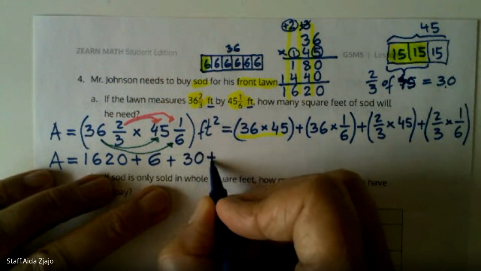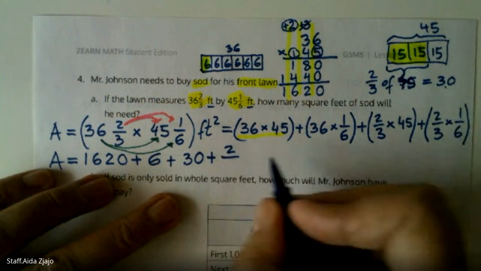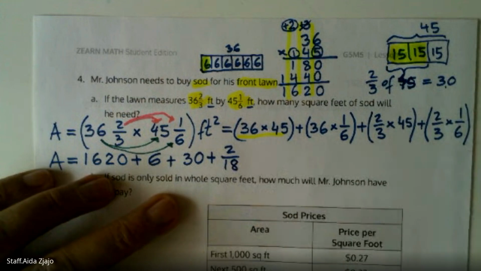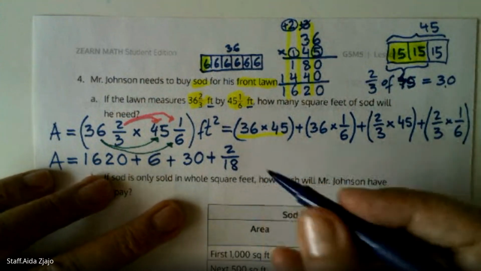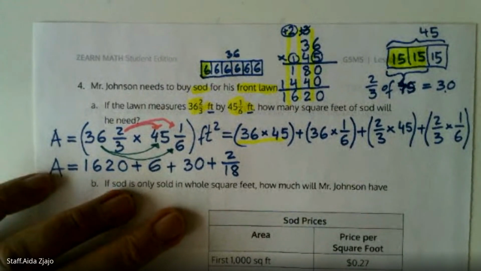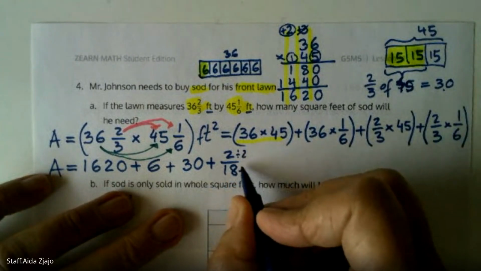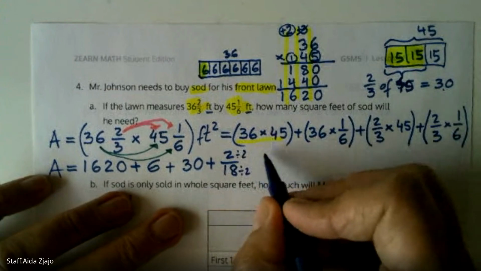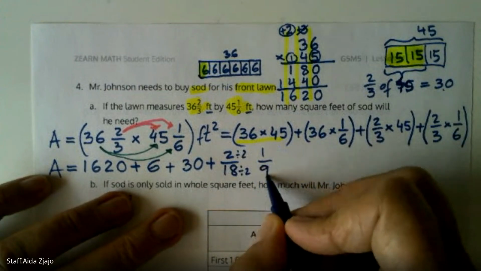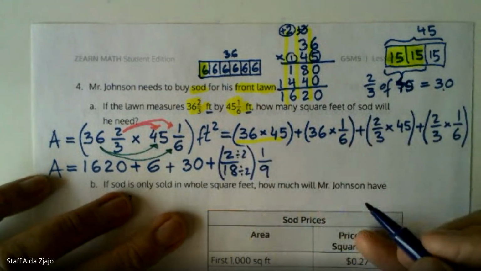Okay, plus 2 times 1 is 2, 3 times 6 is 18. So 2/18, but you could see this as dividing by 2, so that is 1/9 as well. Okay, so this is 1/9.